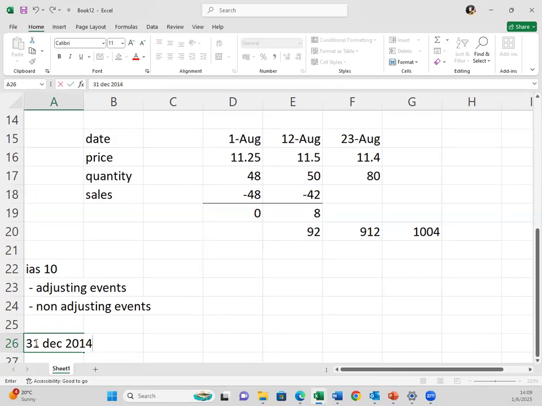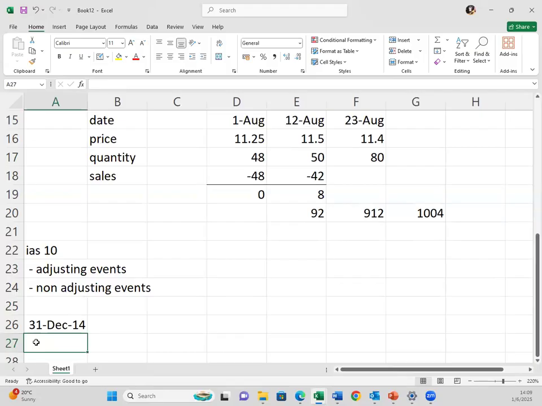Normally, it's before the accounts have been signed by the auditors. So what happens? The accounts are prepared. Then we hand them over to the auditors to verify. Then after the auditors have verified the accounts, they are handed over to the shareholders. So adjusting events are identified after the accounts have been prepared, but before they have been handed over to the shareholders.